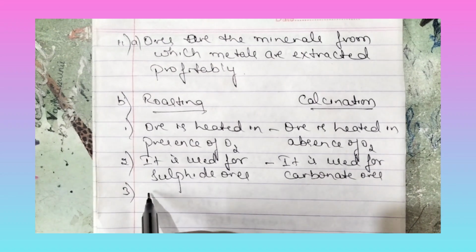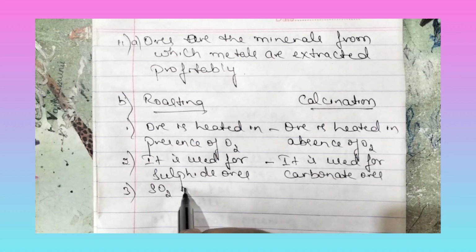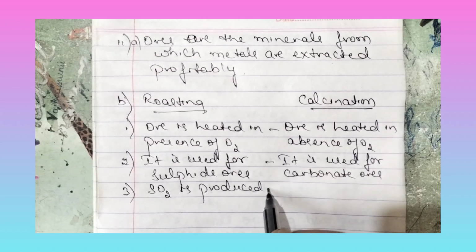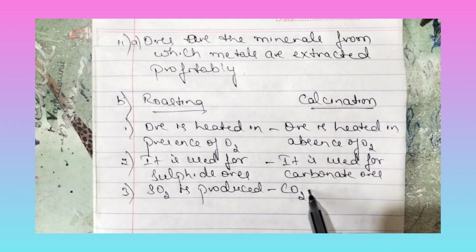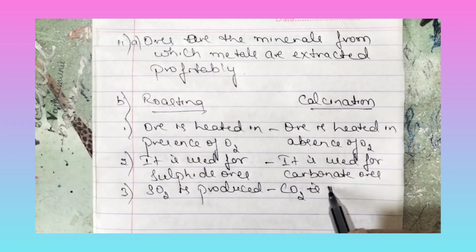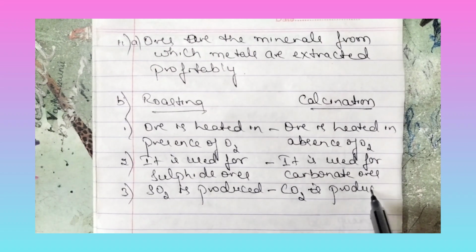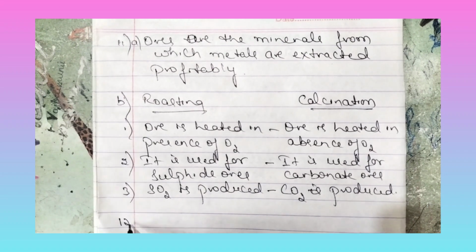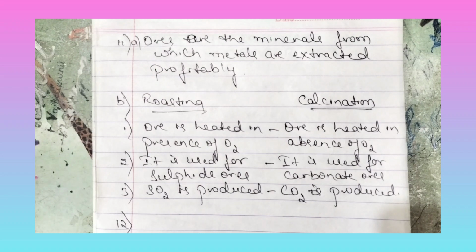Then the third difference is that in roasting, sulfur dioxide is produced. In calcination, carbon dioxide is produced. So this is the difference between calcination and roasting.